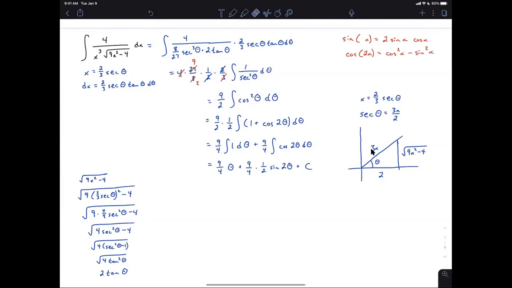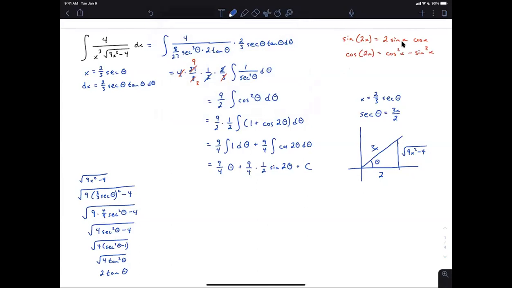And those are identities we should have learned in trig. And if not, then okay, they're true. I can explain outside of class. We can kind of derive them, I guess. But these are identities we're going to use, especially the first one, a good bit when we're doing trigonometric substitution. And so sine of 2 theta, we can replace with this.